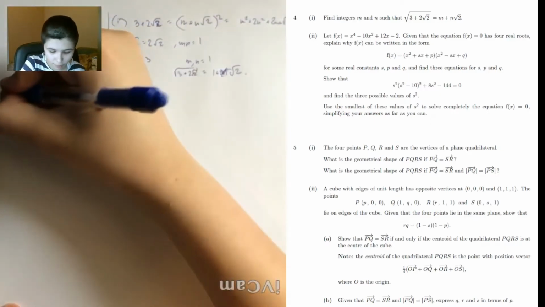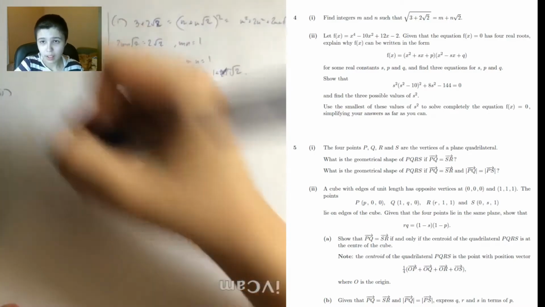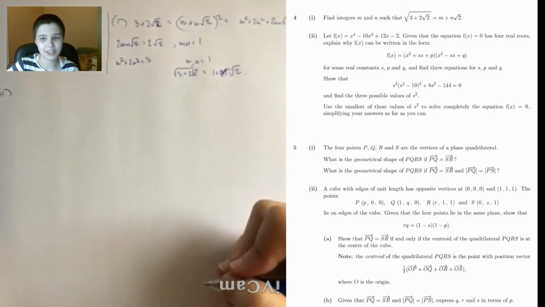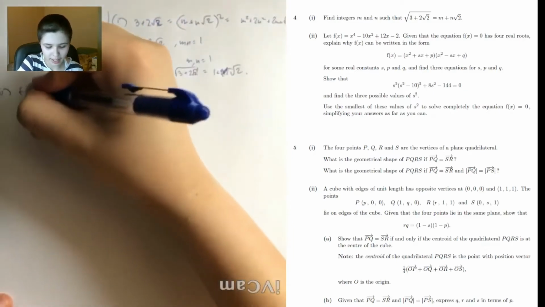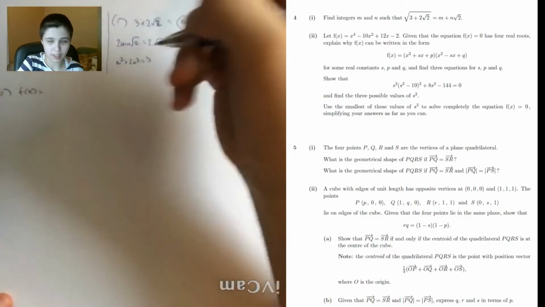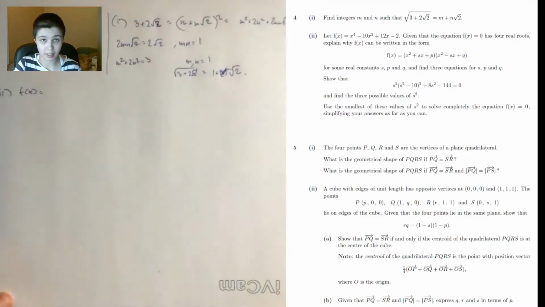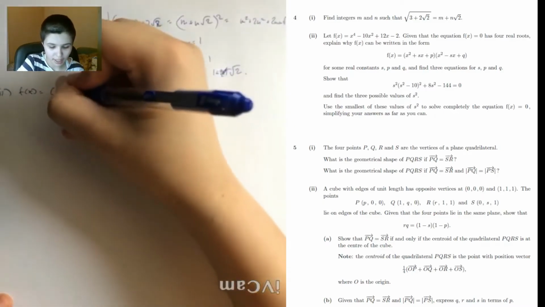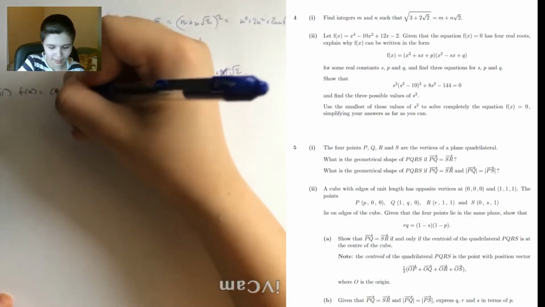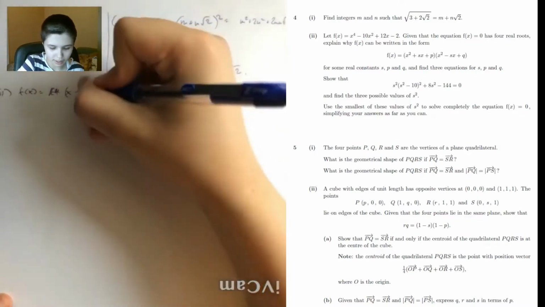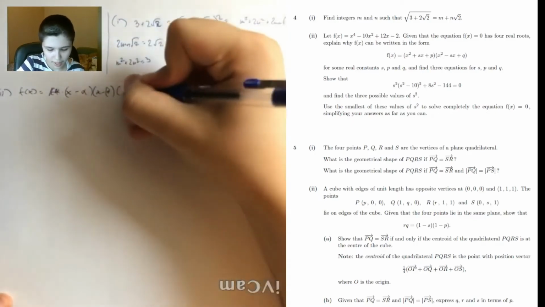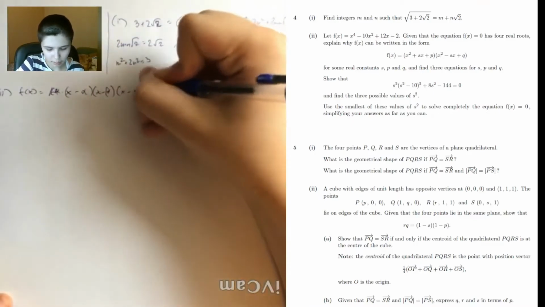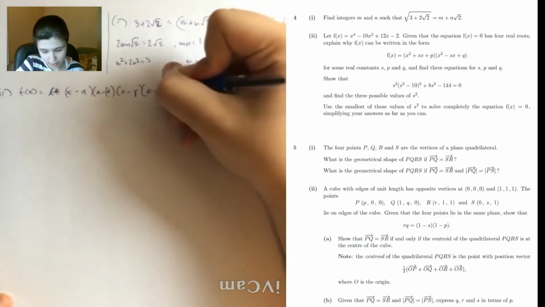For part 2. Let's look. If f of x has 4 real roots, then for some alpha, beta, gamma, delta, where alpha, beta, gamma, delta are the roots, f of x is going to be x minus alpha, x minus beta, x minus gamma, and x minus delta.